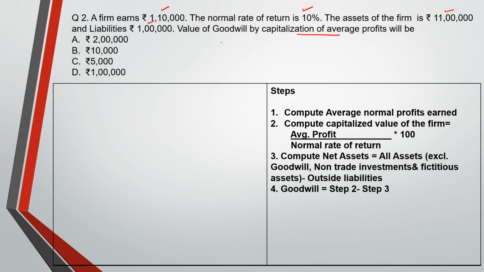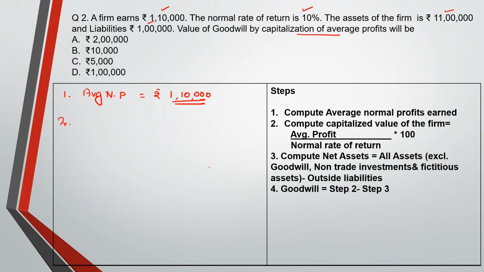They have not given the different years that you calculate the total and divide it by the number of years. You take the 1,10,000 as the average normal profit earned. So first step is you have the average normal profit as given here. We'll take 1,10,000.